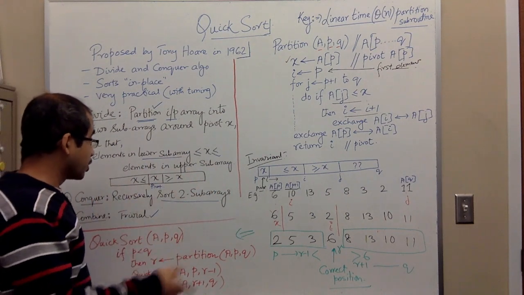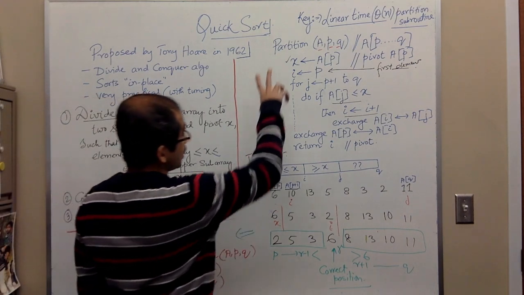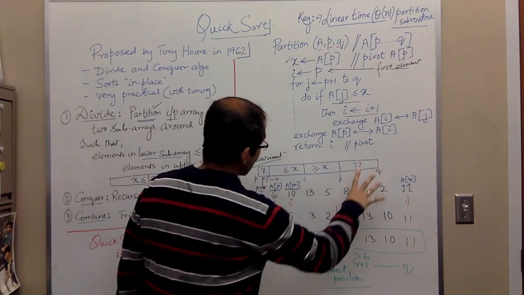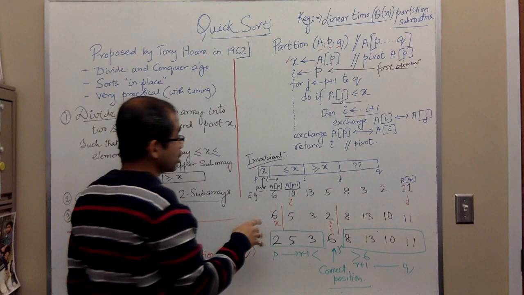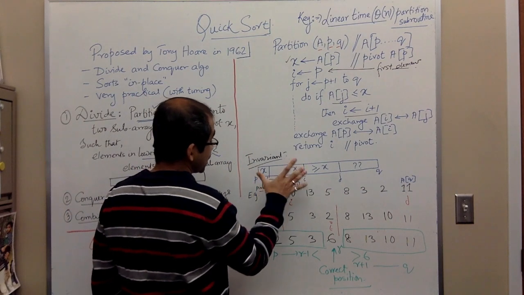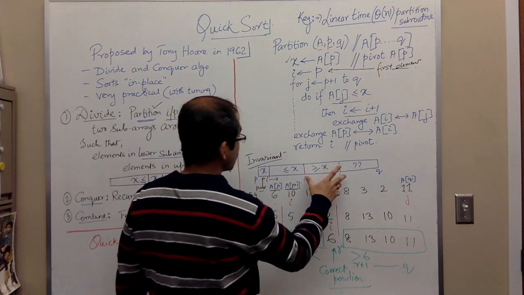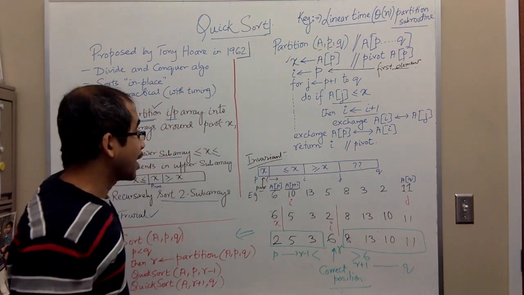If we keep doing this recursively until the entire array is sorted, then we give the partition subroutine, and we explain the invariant: at every moment during the partition procedure there will be the pivot element, a set of elements which are less than or equal to the pivot, a set of elements which are more than or equal to the pivot, and the elements which have not been identified yet.